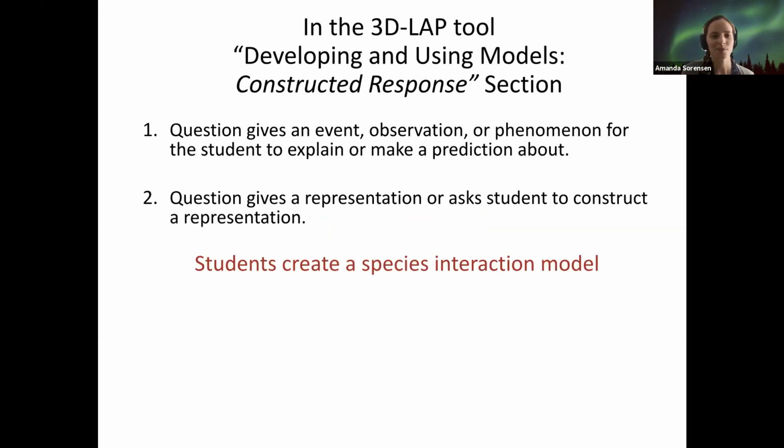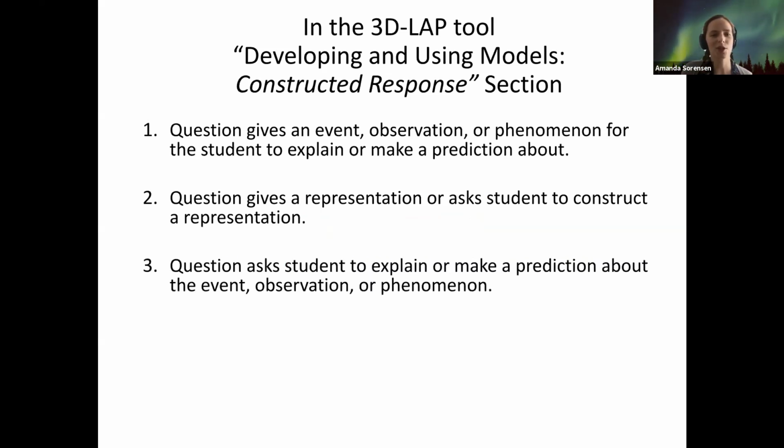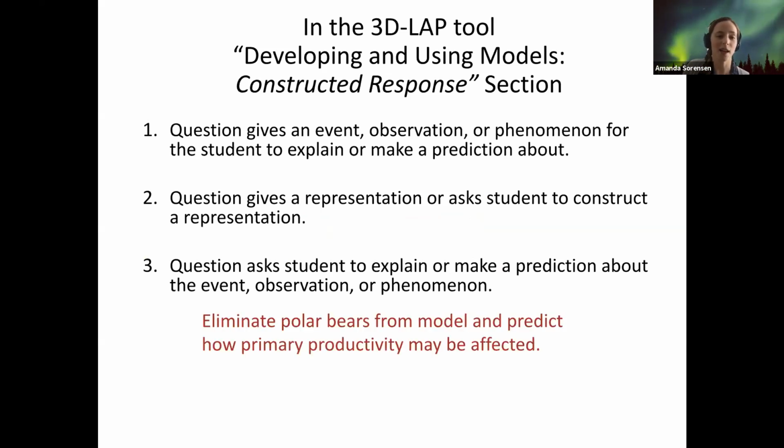Third, the question asks students to explain or make a prediction about the event, observation, or phenomena. So we could say, yes, it asks the students to predict what would happen if polar bears were eliminated and predict how primary productivity would be affected.